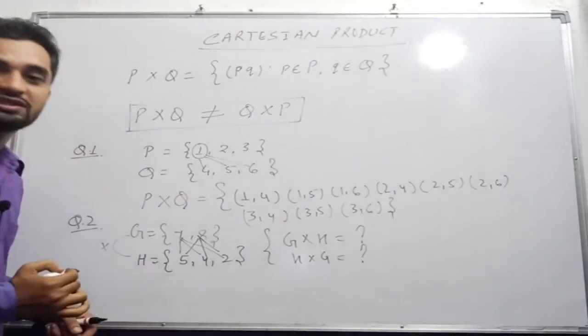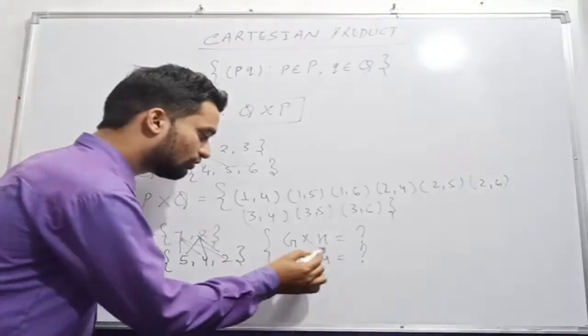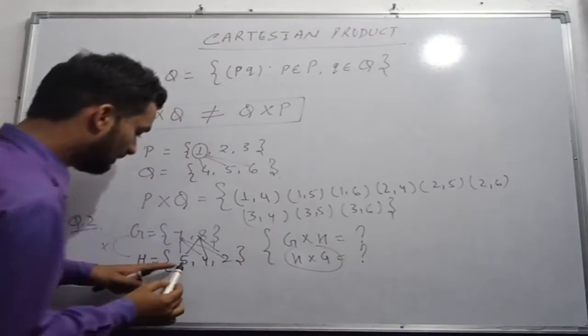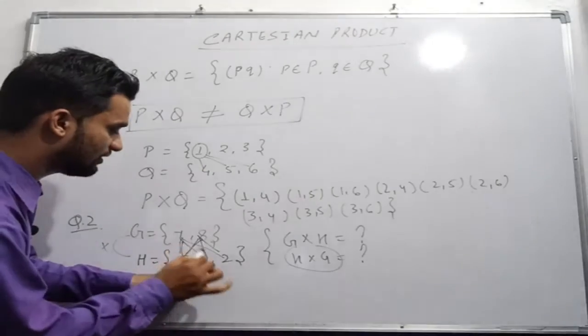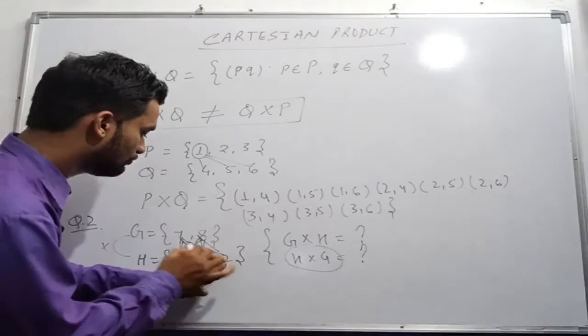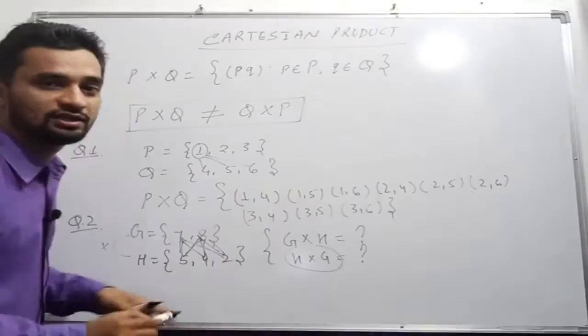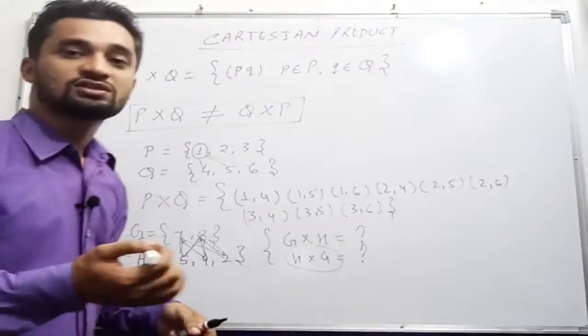This will be G cross H. And for H cross G: (5,7), (5,8), then (4,7), (4,8), then (2,7), (2,8). That will be H cross G.